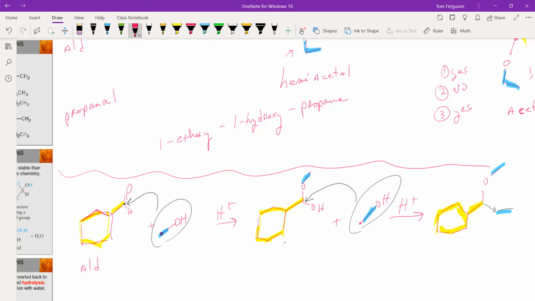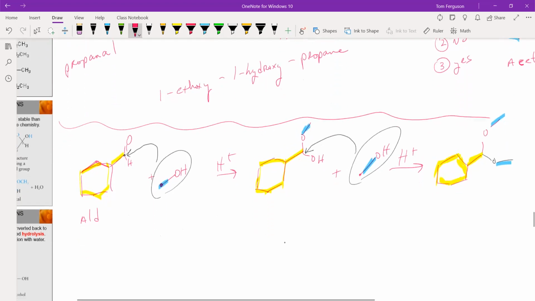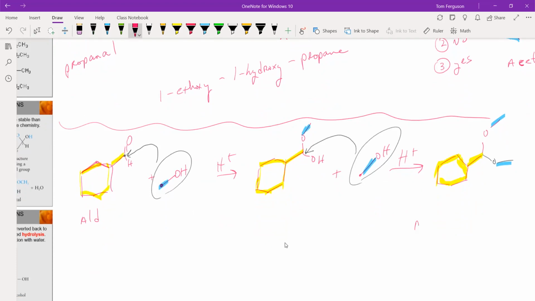So just kind of. Okay, so acetals require two alcohols, one aldehyde.